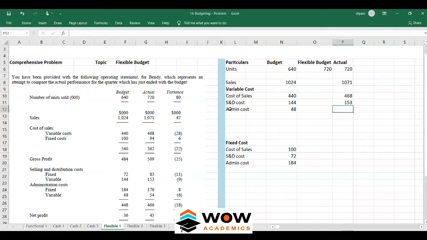Administration variable is 54. Fixed cost of sales is 94. Selling and distribution fixed is 83. Administration cost fixed is 176.